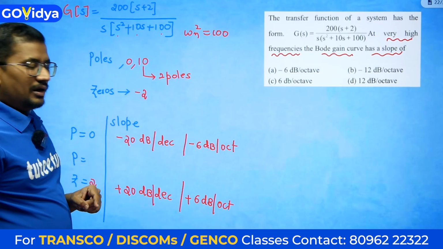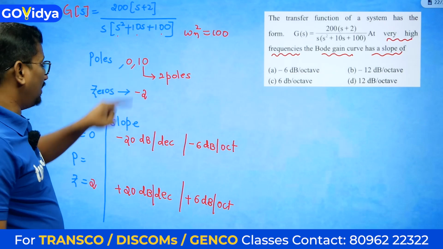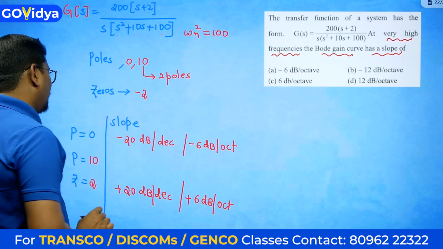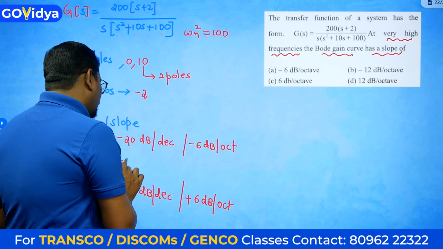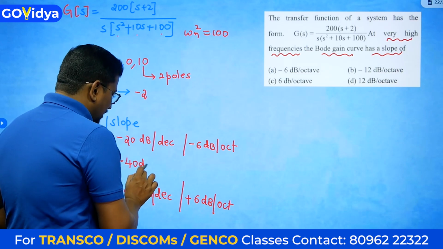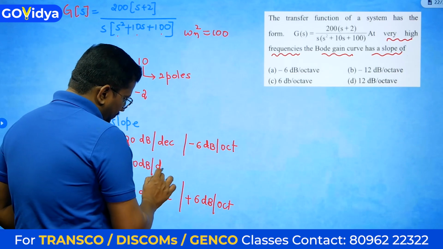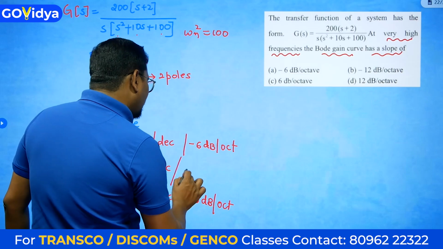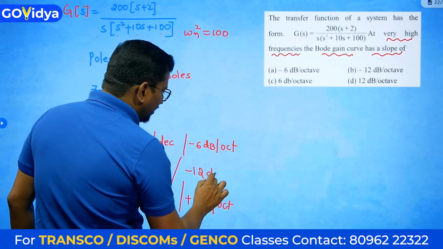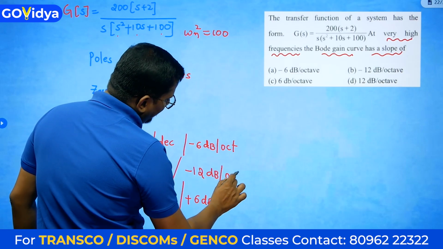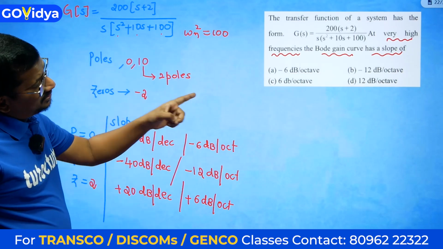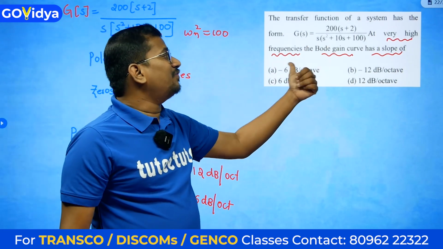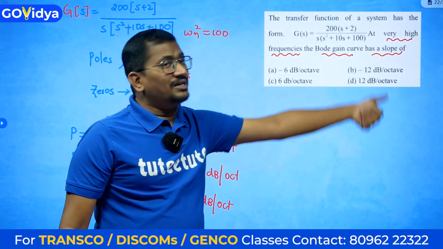Now for 10, how many poles are there? 2 poles. 2 poles means minus 40 dB per decade, or minus 12 dB per octave. What is in the question? At very high frequencies, the Bode gain curve has a slope of.